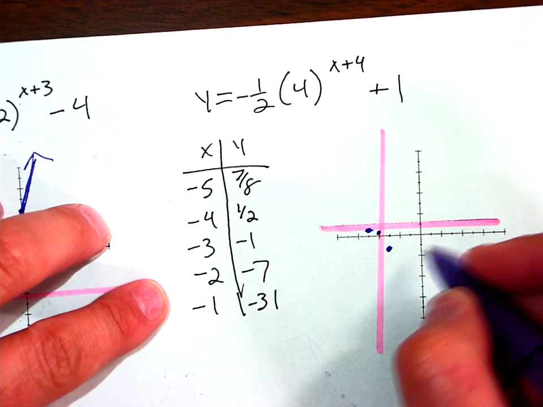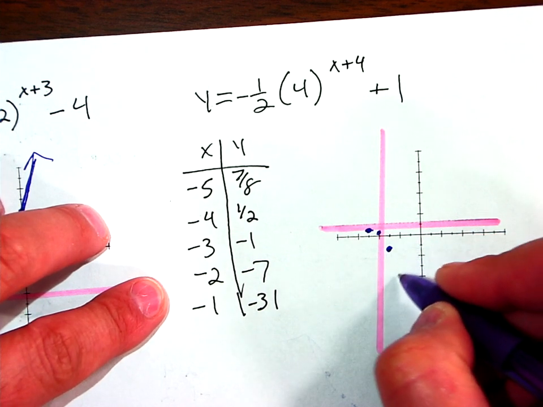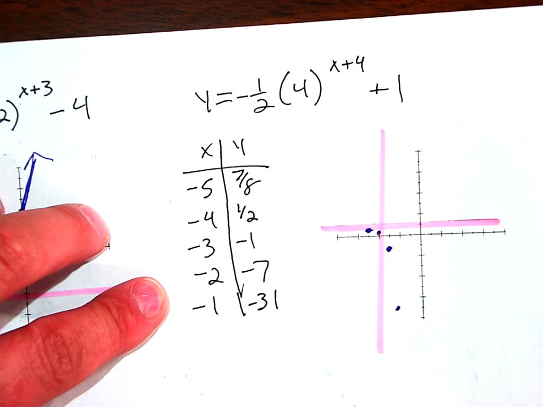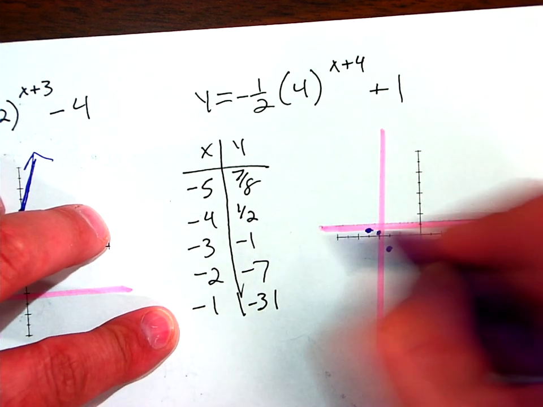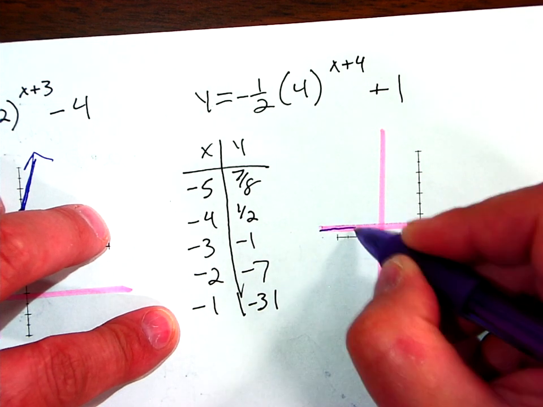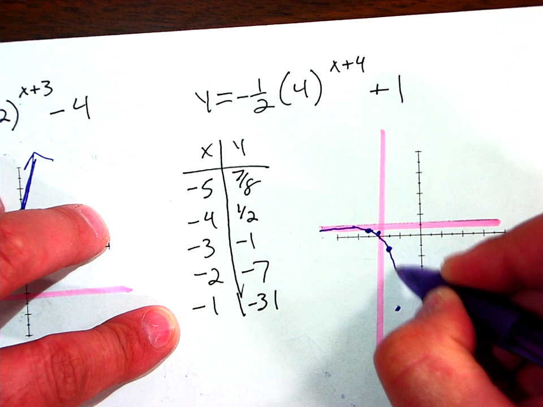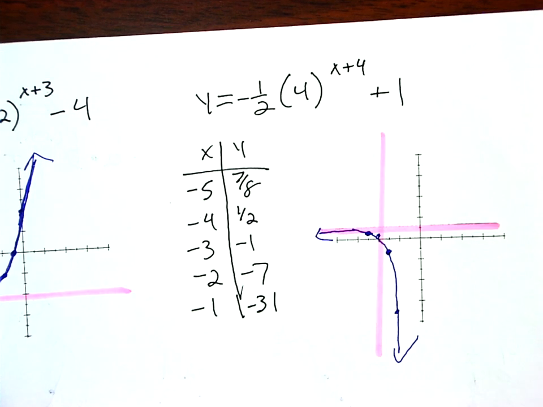All right, so just below it, -2, -7, 1, 2, 3, 4, 5, 6, 7. Obviously, -1, -31 is not going to fit on my graph. And the reason we drew our asymptote is because we know it's going to be right up next to it, but not actually touching. And congratulations, you now know how to graph exponential functions.